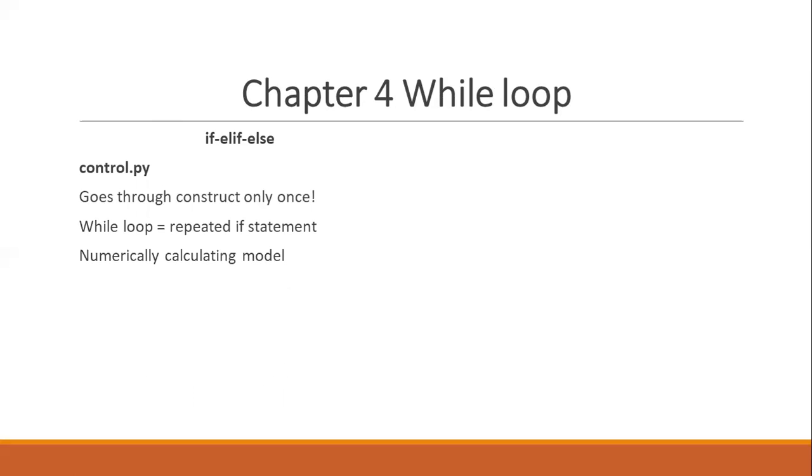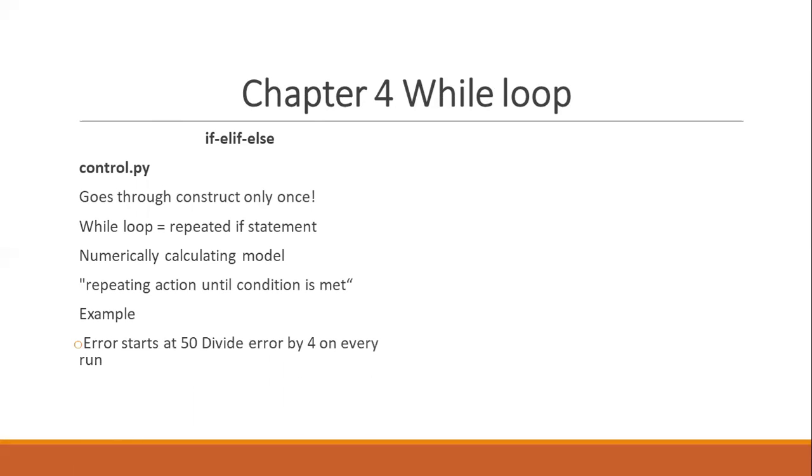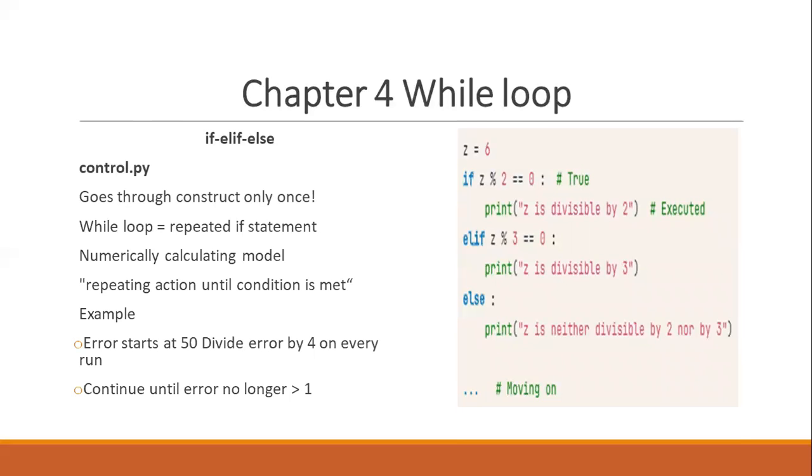It is numerically calculating model. Repeating action until condition is met. For example, error starts at 50, divide error by 4 on every run. So continue until error is no longer greater than 1. This picture shows an example of while loop.